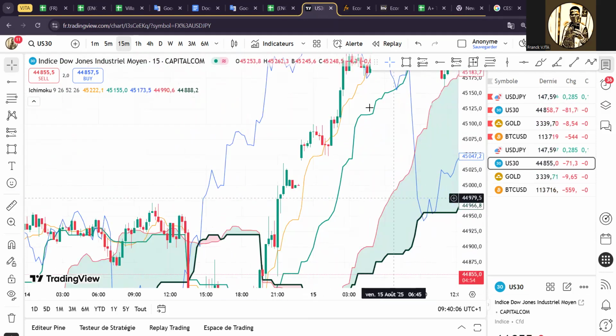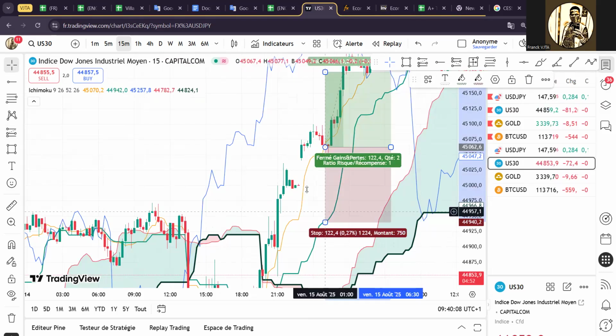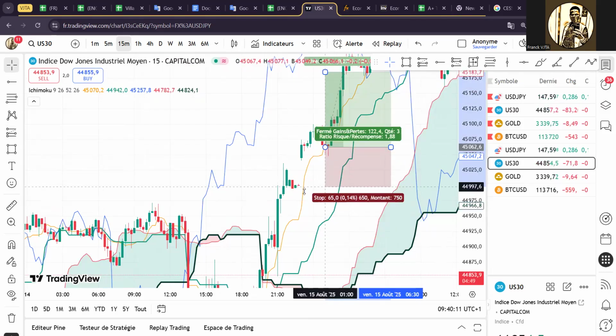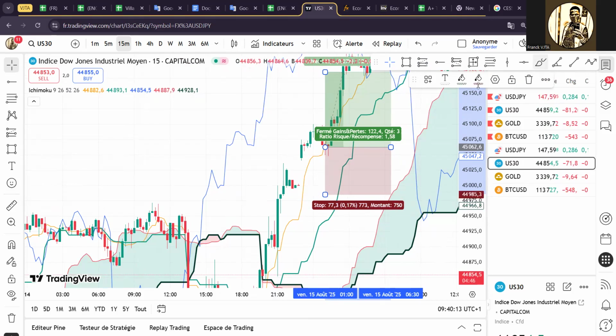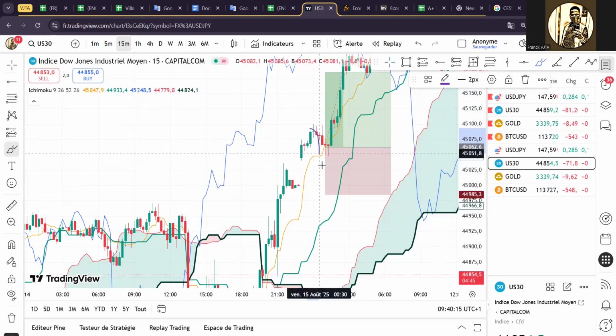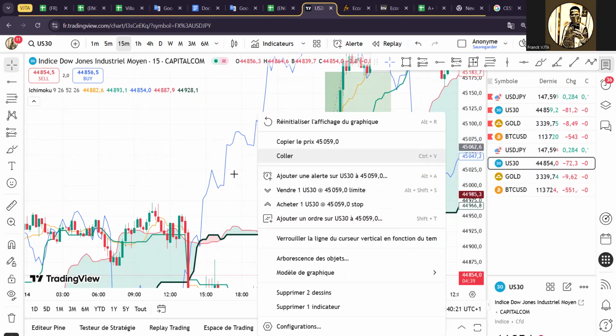Let us say that you bought this. Normally, the stop loss must be covering all of the gap, because sometimes the price comes and collects all of the gap before going. Because the stop loss is about having the maximum retracement.